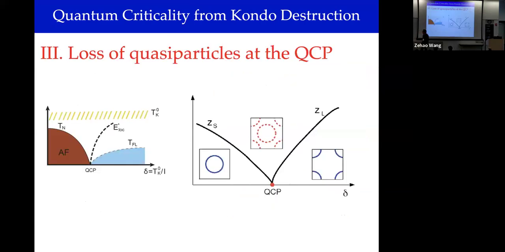Now, you say, wait a second, how could that happen? If you have a second-order phase transition, nothing should jump. It turns out that the quasi-particle weight for both large and small Fermi surface must go to zero at the quantum critical point, and therefore quasi-particles would be completely destroyed.